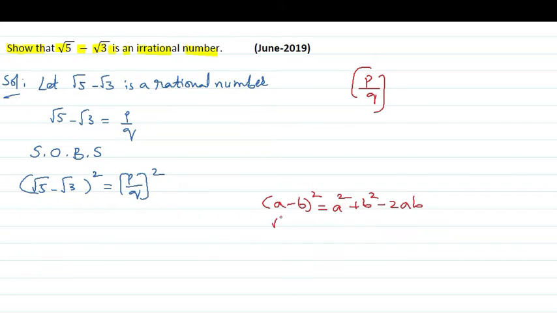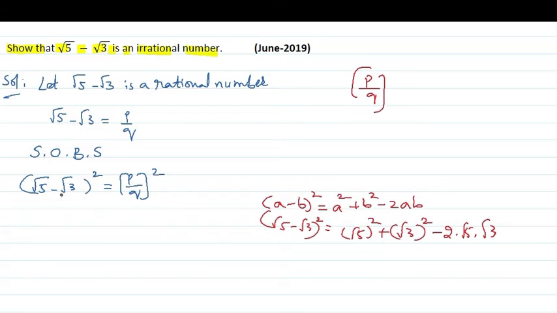Here a is root 5 and b is root 3, so we get root 5 whole square plus root 3 whole square minus 2 into root 5 into root 3. Now you should write this step on the left side.